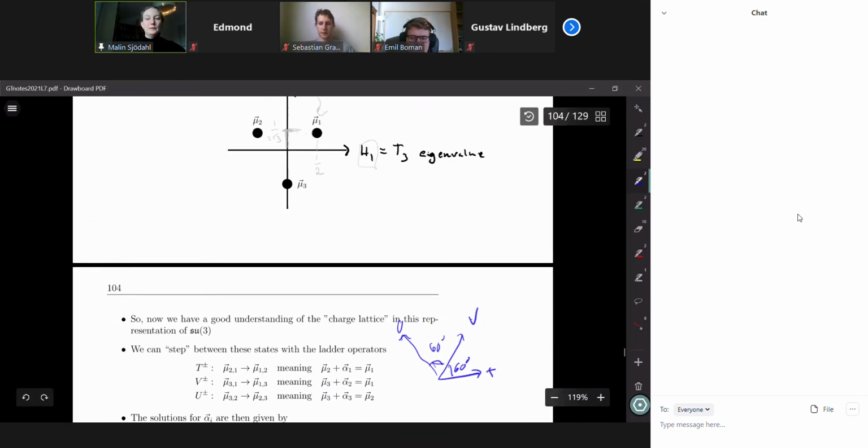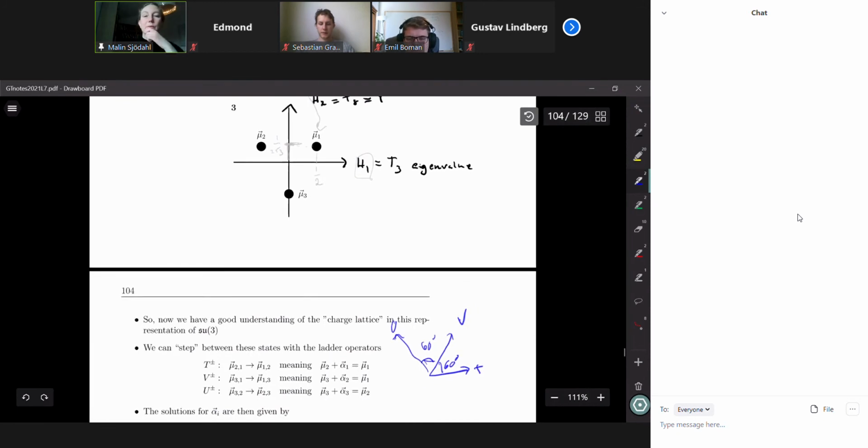So now this can be directly translated to this weight space. So we have then, for example, our t operator, t plus. It should take us in the horizontal direction. So it should take us from there to there. This should be the action of the t operator, of t plus. Similarly, t minus should point in the opposite direction, etc. So we should have v pointing here or there for v plus, and v minus in the other direction.